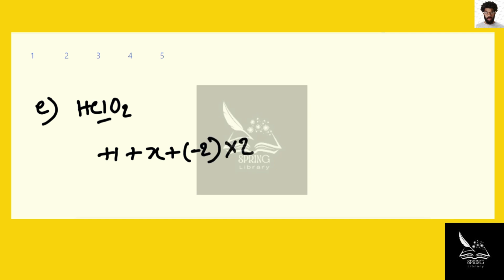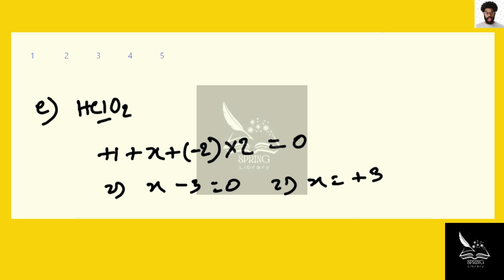We have 2 oxygen, that means times 2, equal to the net charge 0. And then we have X plus 1 minus 4, that means -3, is equal to 0. It will give us X equal to +3. So in this compound, the oxidation state of chlorine is +3.